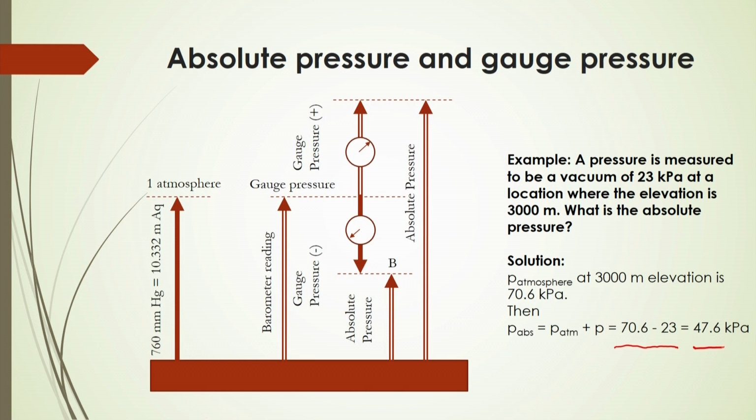And here in this diagram, from the sea level, it will be 1 atmospheric pressure, and here is the barometer reading. Above this atmospheric pressure, it is called gauge pressure, and below this atmospheric pressure, it is called the vacuum pressure. Up to this is called the absolute pressure.